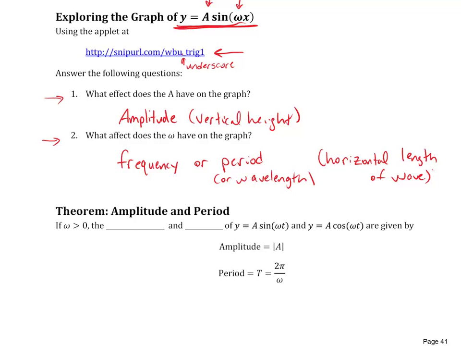Now there's a theorem that relates these two concepts, frequency and period, together. But let's talk about amplitude and period in terms of those values.